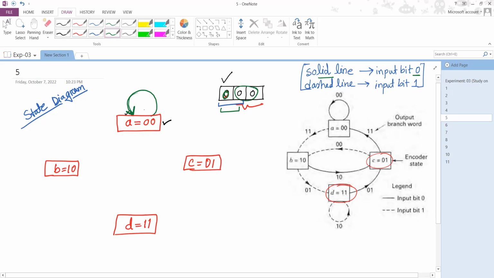And we are just giving the output here as 0, 0. That means from this 0, 0, we are again getting 0, 0 for the future state for our input bit 0.